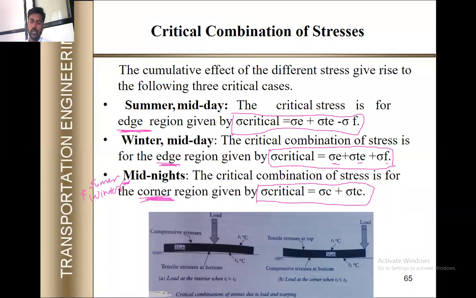These are very important conditions from the exam point of view.